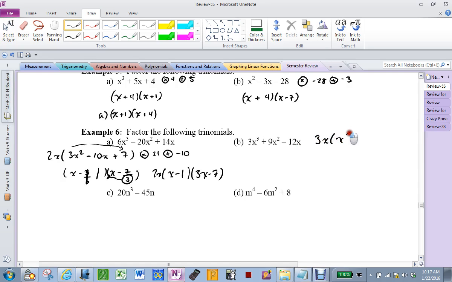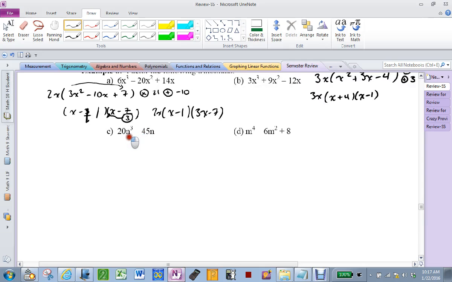Leaving me with x squared plus 3x minus 4. Factor it. What do I need to multiply to negative 4, and I need to add to 3? What is it? 4 and negative 1. x plus 4, x minus 1. Done. Good?